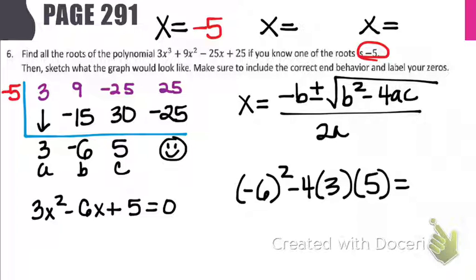Did you get -24? So that means that my last two solutions are imaginary. So let's simplify the square root of -24.